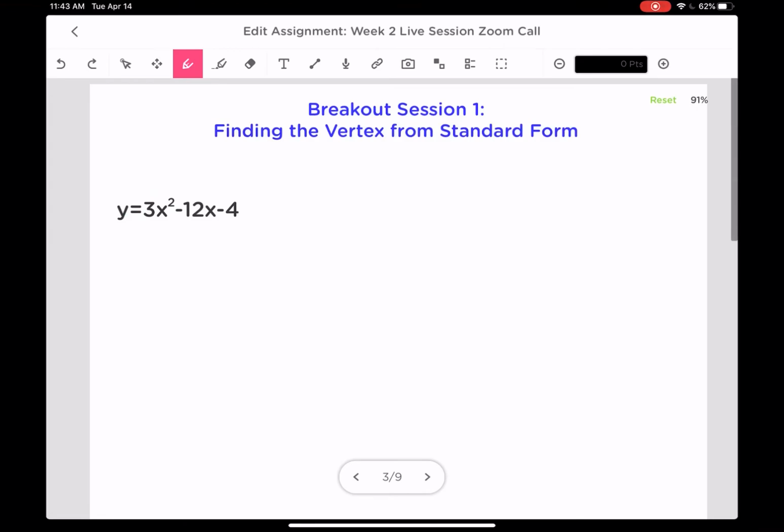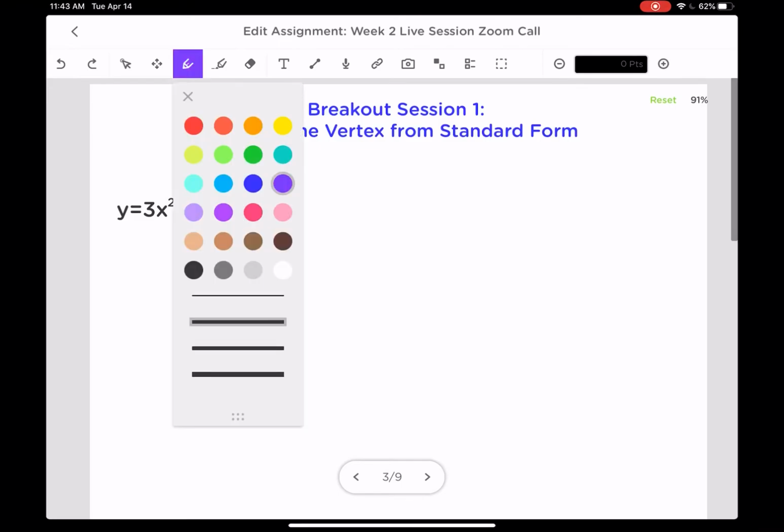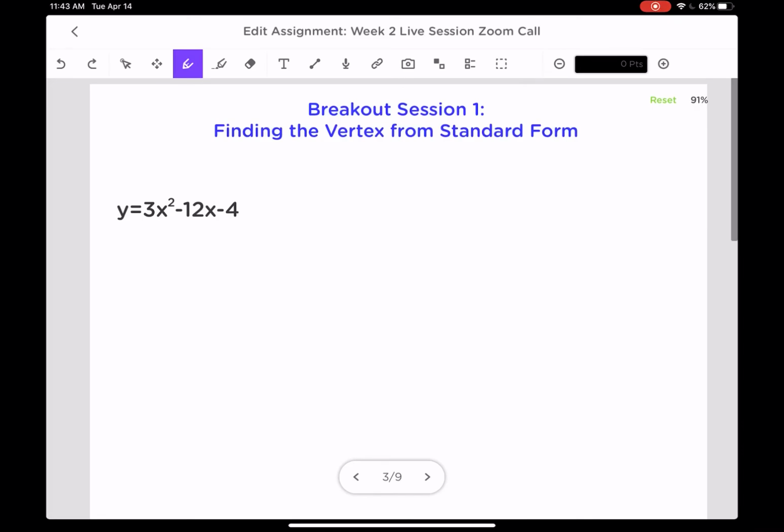For this last example, we have y equals 3x squared minus 12x minus 4. Again, the same rules apply. Start by identifying a, b, and c. So a is positive 3, b is negative 12, and c is negative 4. To find the x value of this vertex, I do negative b divided by 2a.